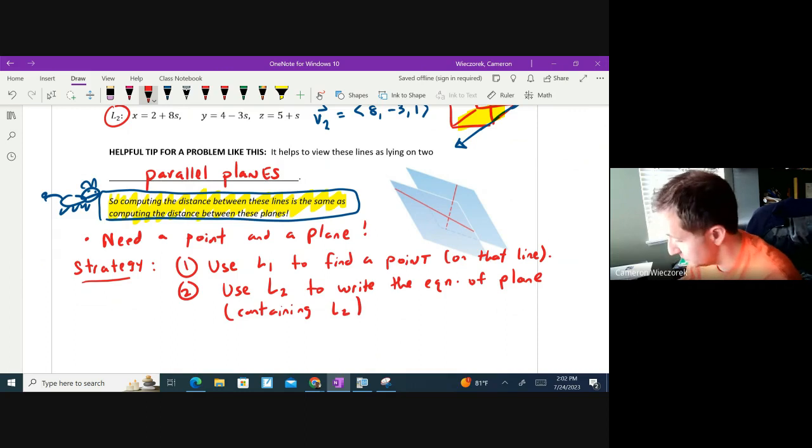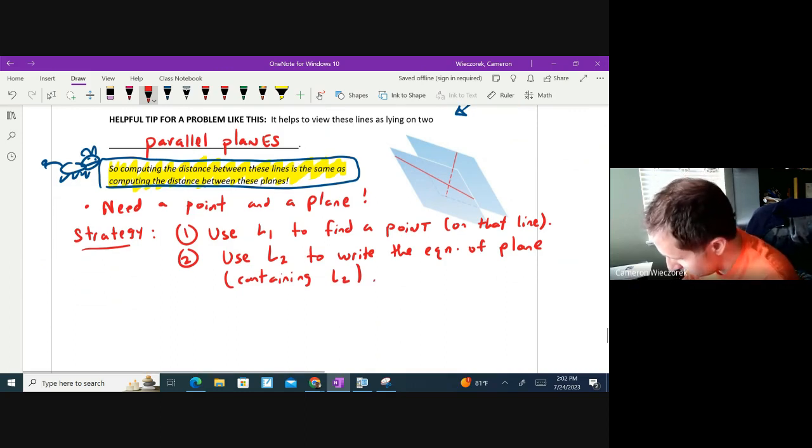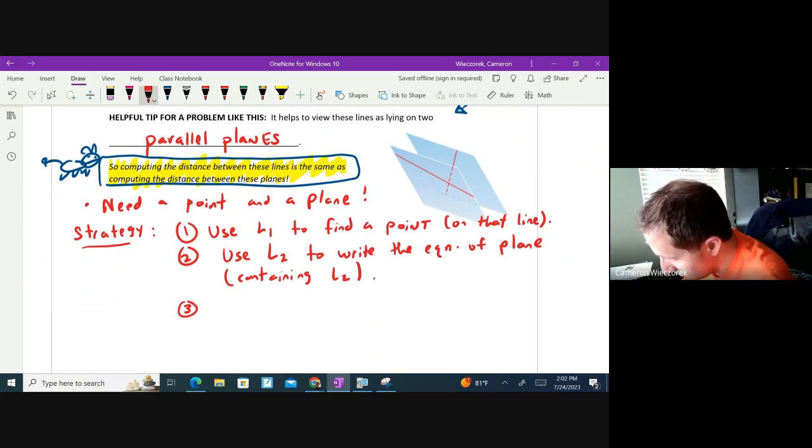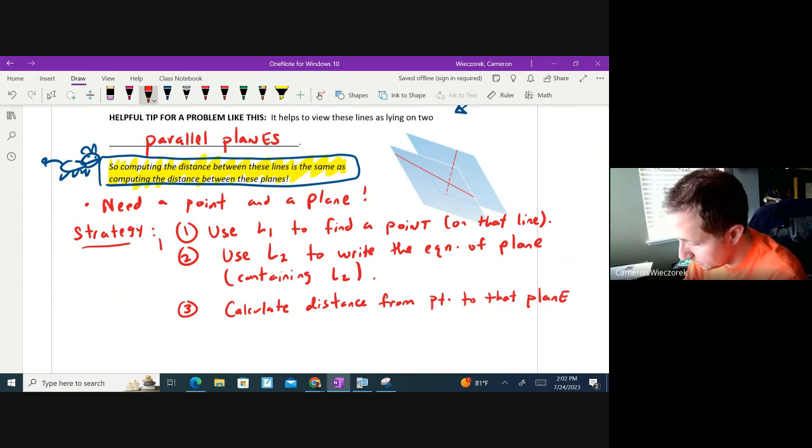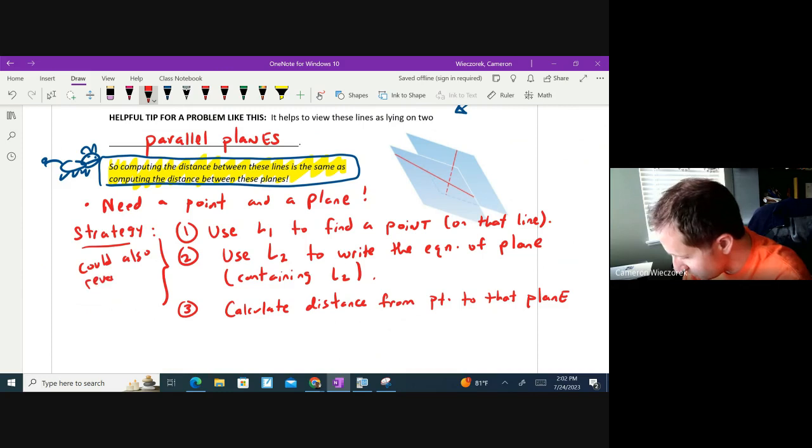Line 2, to be specific. Then calculate the distance from the point to that plane. You'll have a point, you'll have a plane equation, you can plug into the formula that we saw on the last page. Again, I'll mention it, you could also reverse the roles of L1 and L2.